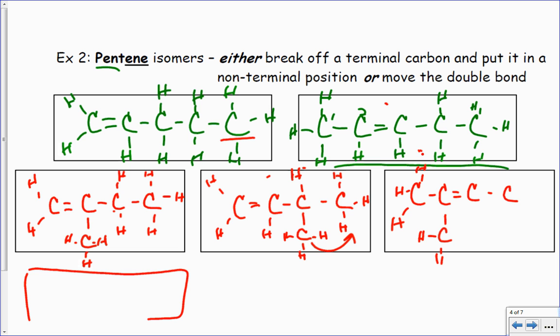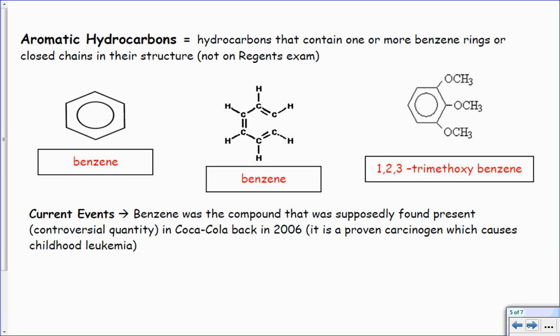Let me finish my methyl. Third carbon has 3, so I need 1. Should have drawn it on top so it wasn't near the methyl. That's okay. Defying my instincts. I'm not really going to harp on you about that stuff. And there's another way to draw pentene as an isomer. So we're getting the hang of what these whole isomer things are. I really did take my time and do it out.